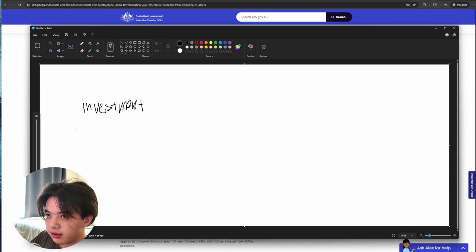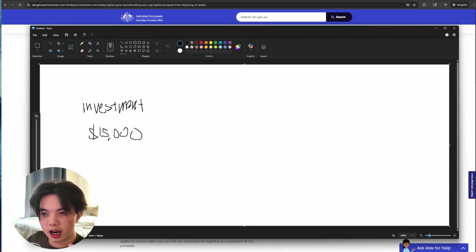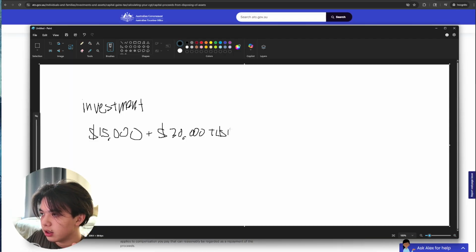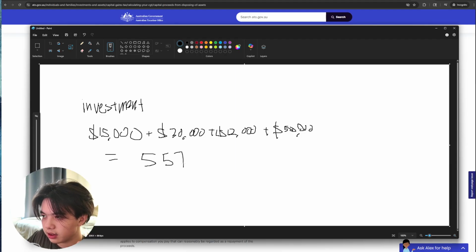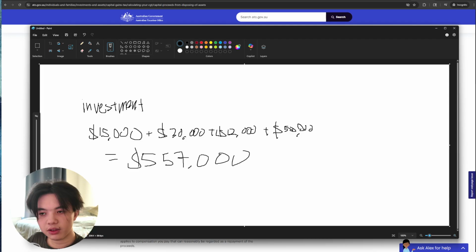The agent selling fee when you later sell is roughly $15,000. So when you add all of this, your total cost base will be $15,000 plus $30,000 plus $12,000 plus $500,000, excuse my bad handwriting, and all of that equals $557,000. If you didn't sell yet, excluding the selling fee for now, your cost base is $542,000.